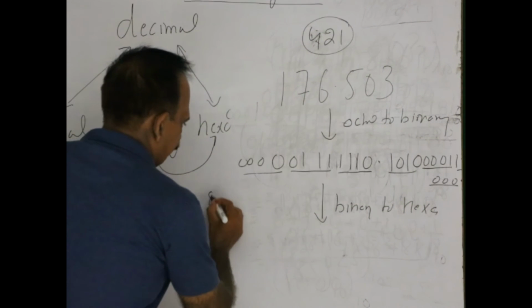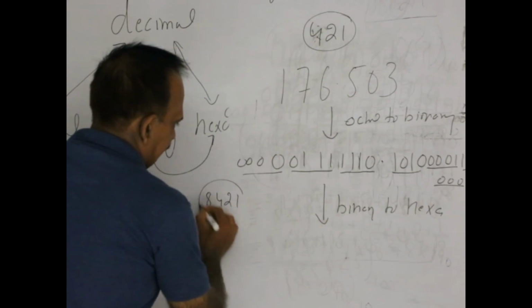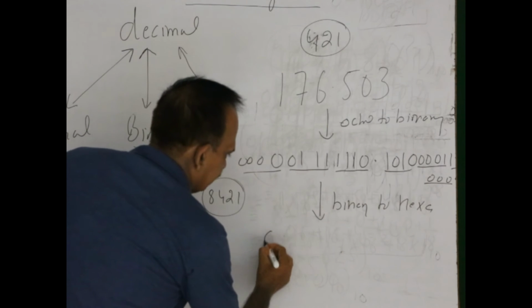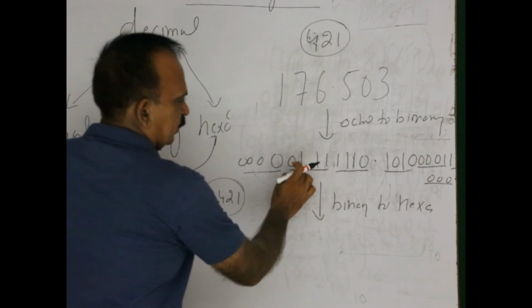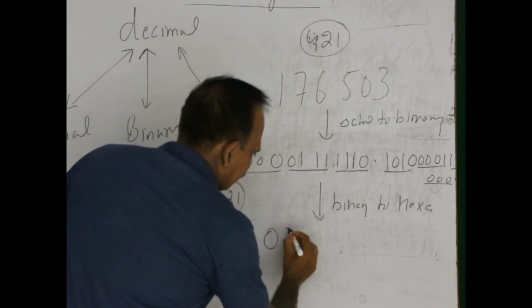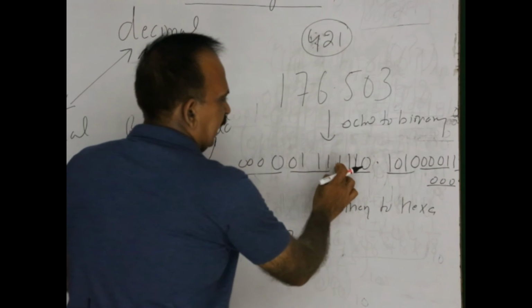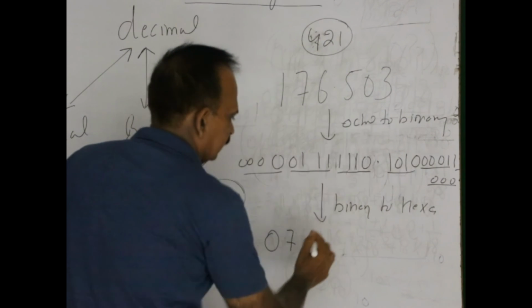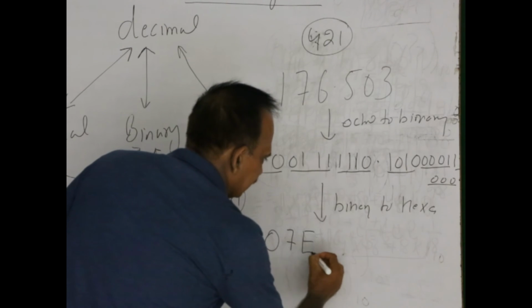Now the code will be 8421. This number is going to be 0. The next one, 4 plus 2, 6 plus 1, is going to be 7. 8 plus 4, 4 plus 2, 14. For 14 I will write E.